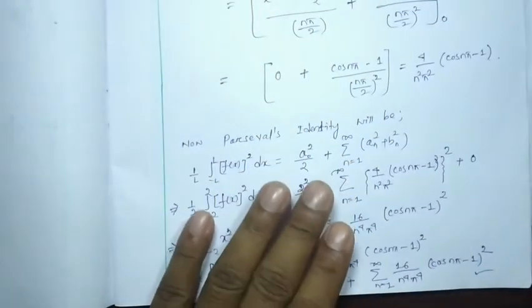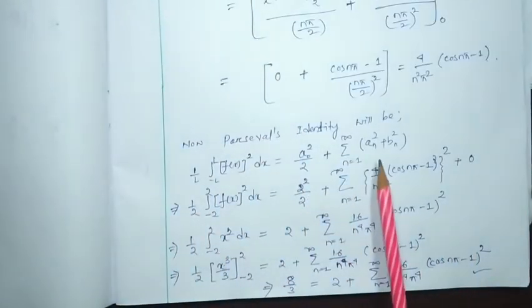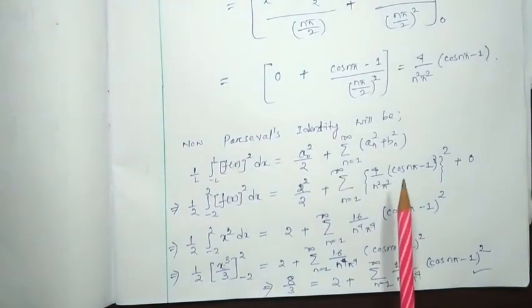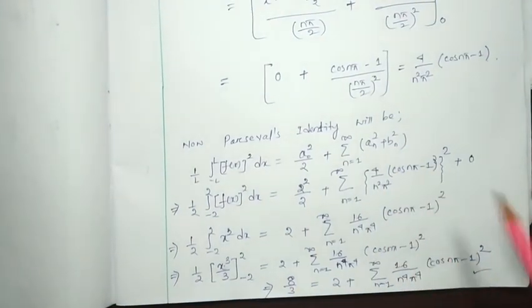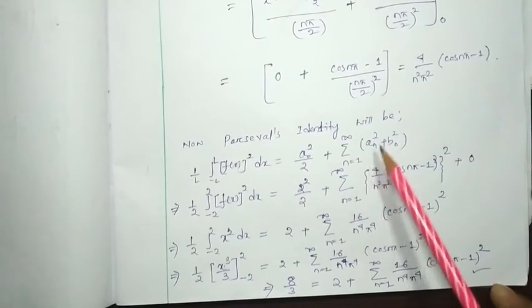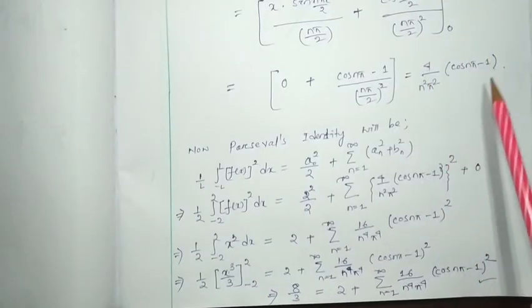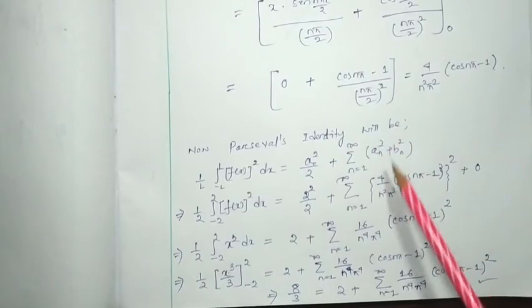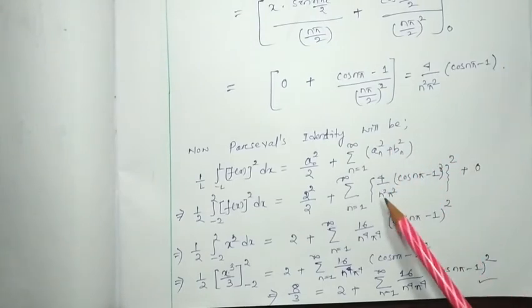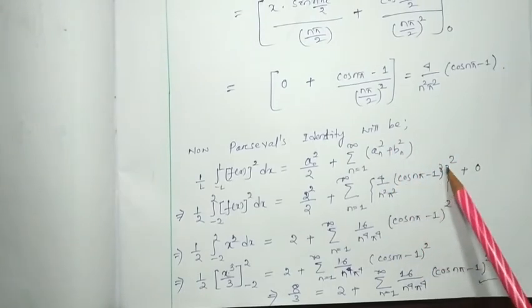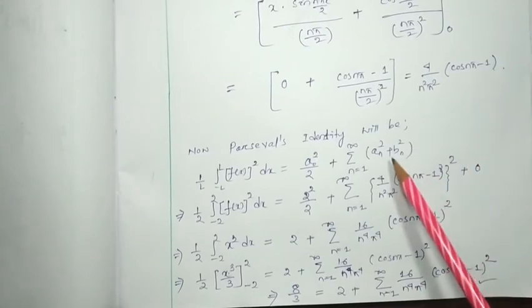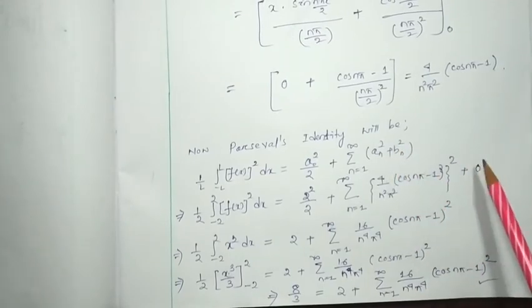See, bn equal to 0. Here bn equal to 0, and we are going to consider this much. This value is an. So an square means 4 by n square pi square into (cos n pi minus 1) whole square, plus bn is 0, so it will be 0.